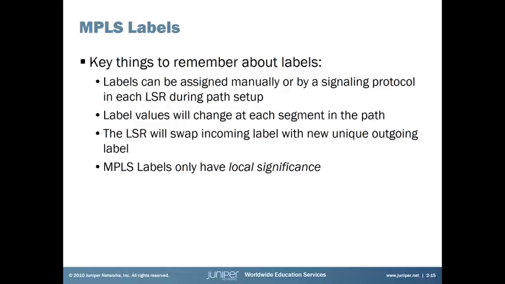Okay, so labels can be assigned manually or by a signaling protocol. And as I said, the signaling protocol kind of automates the path creation process. It's very, very cool the way that works. And you can do this in every LSR. LSR, bit of jargon there, label switched router.